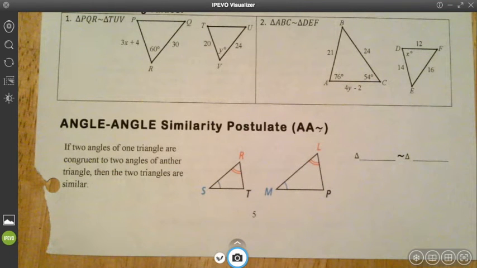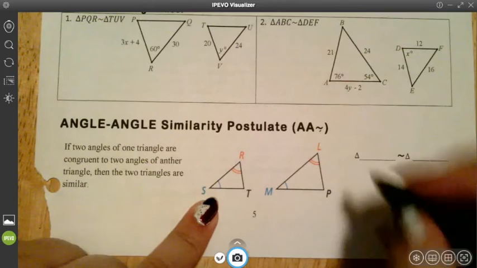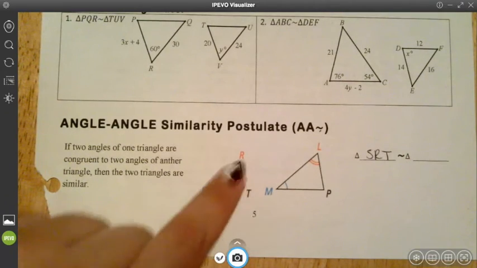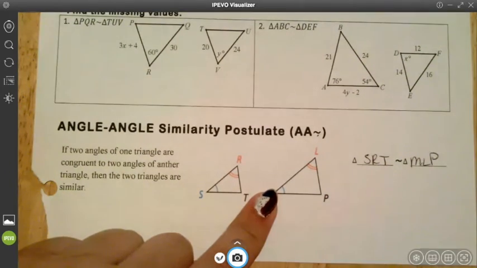But this time, we're looking at similarities, so it doesn't need to have a side. So we need less information than we normally would for a congruence. If two angles of one triangle are congruent to two angles of another triangle, then the two triangles are similar. So in this example, we have SRT congruent to MLP.